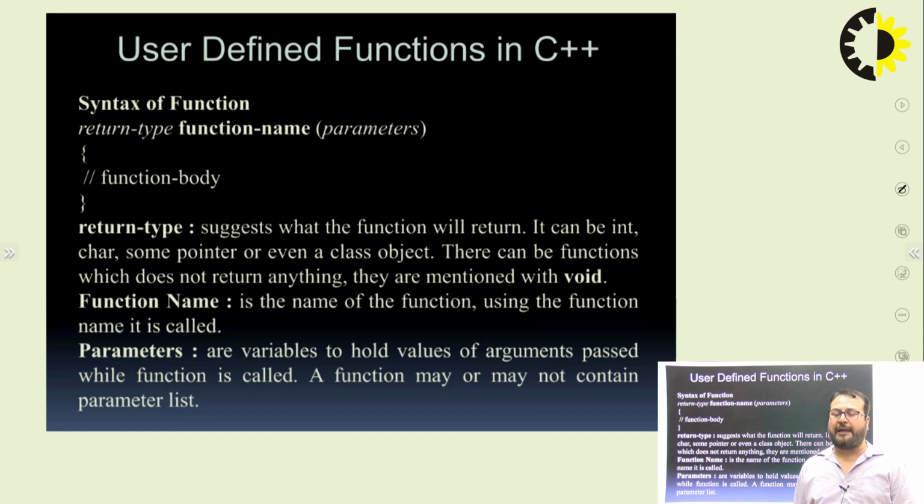Before writing a function, the syntax of a function would have a prototype. The prototype shows the declaration portion of the function, and it includes the return type of the function, the name of the function, and what type of parameters the function takes. The declaration portion is called the prototype, and we write the code in the definition.